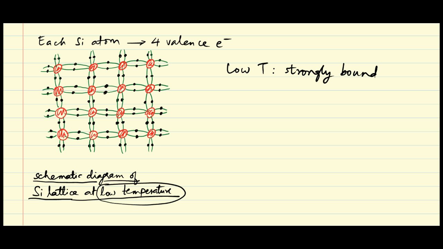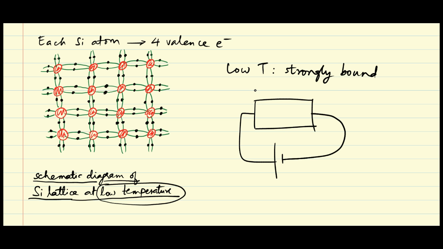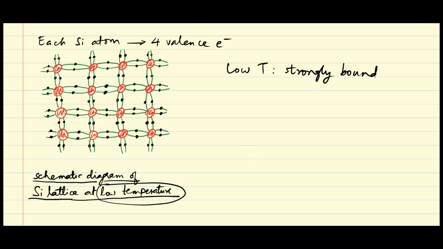The bonding between them and their atoms is simply too strong. And that's why when you apply a potential difference to a silicon crystal which is at a low temperature, you get a current of 0. Silicon acts like an insulator at low temperatures.